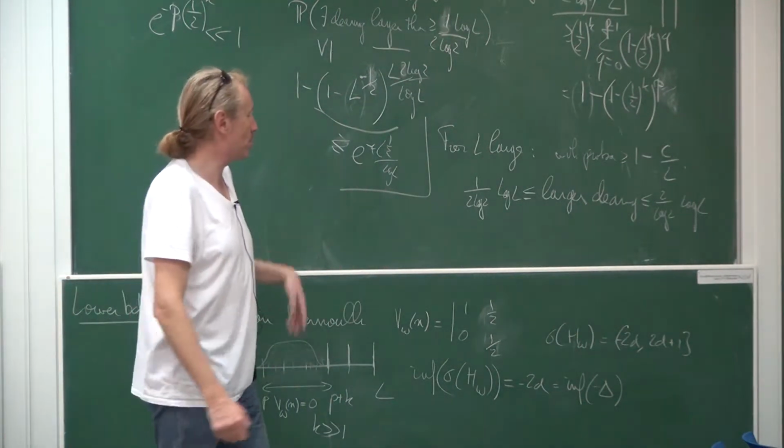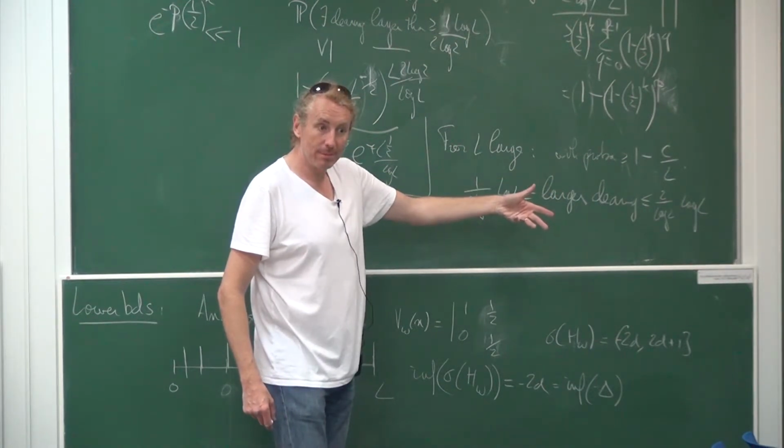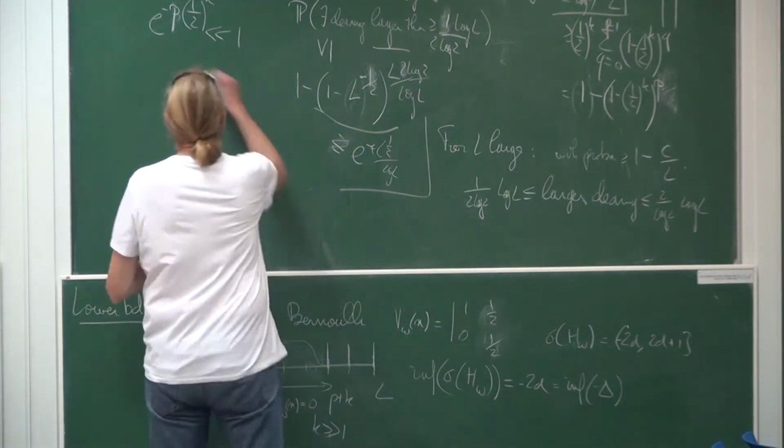The only thing I want to see is that the largest clearing is of size log L times a constant.